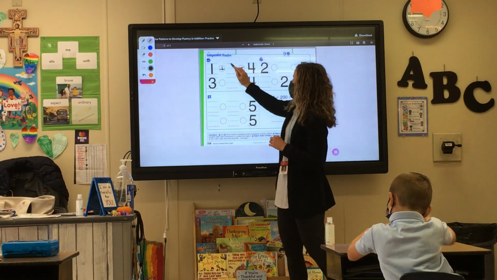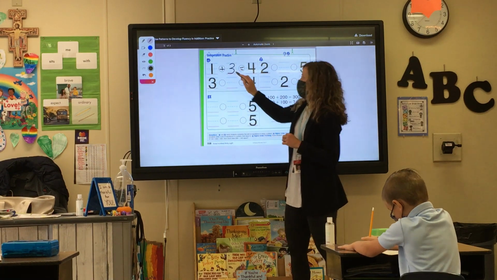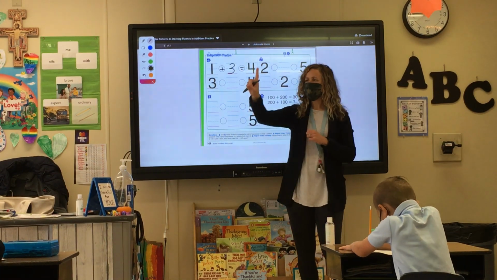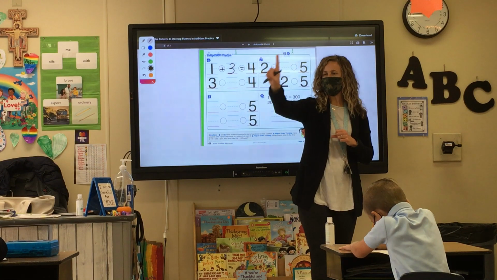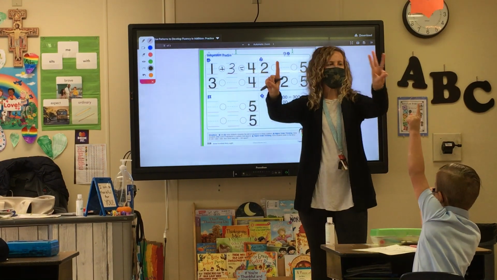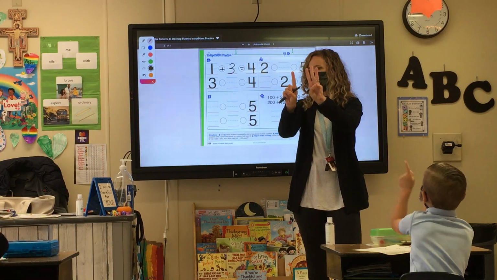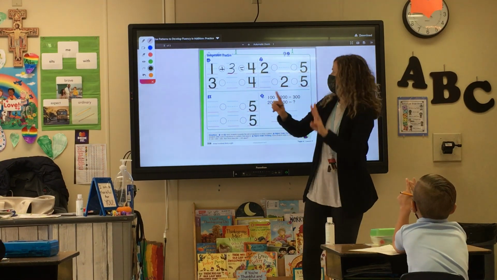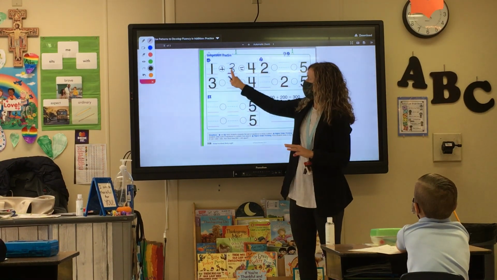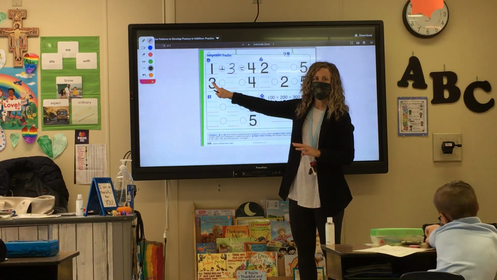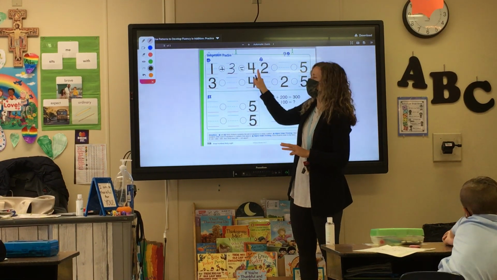Very good. So 3 goes in there. I want you to show me in your fingers. 1 plus 3 equals 4. If you count your fingers, we have 4. Do you see how we changed the order here? Yes. Okay, so we have 1 plus 3 equals 4.